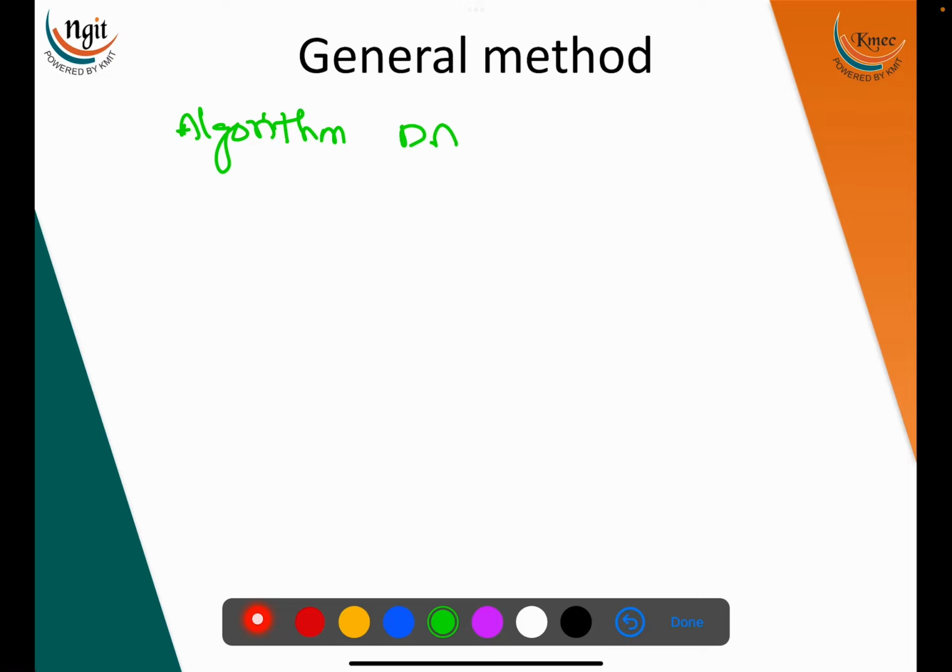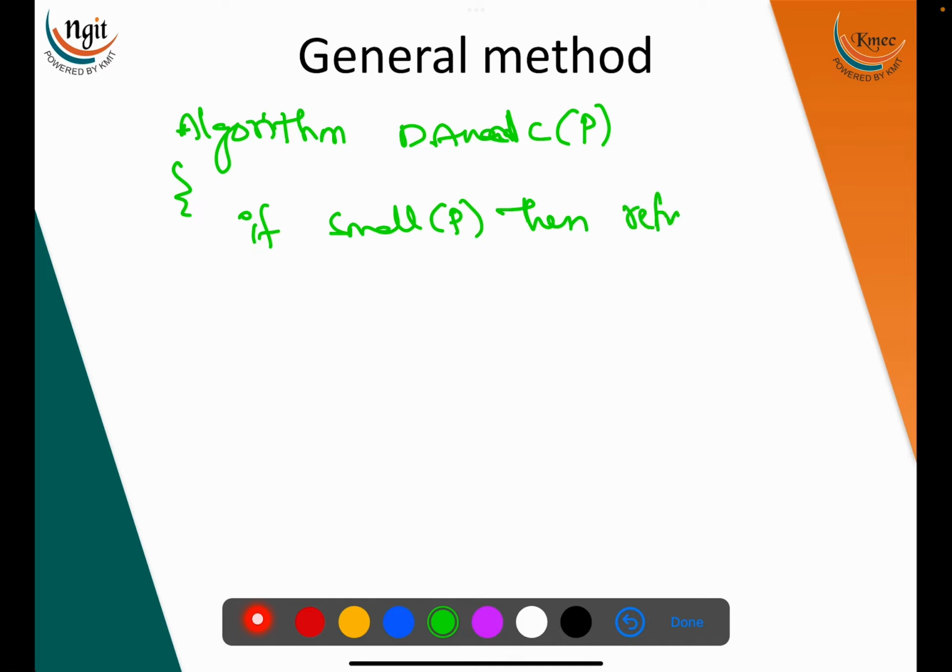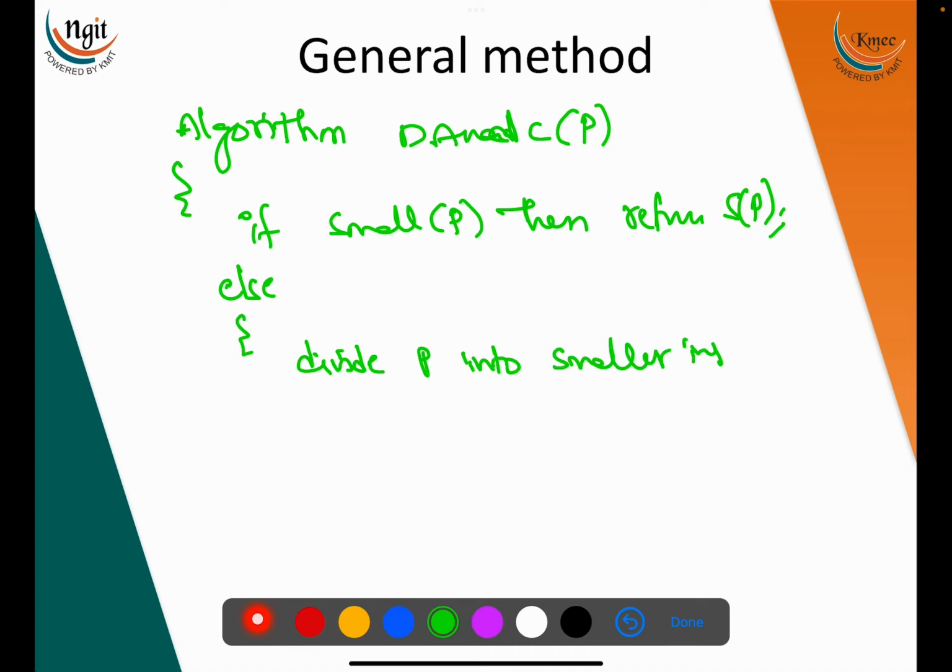Algorithm DAndC of P: if Small(P), then return S(P), else divide P into smaller instances P1, P2 up to Pk, where k is greater than or equal to 1.